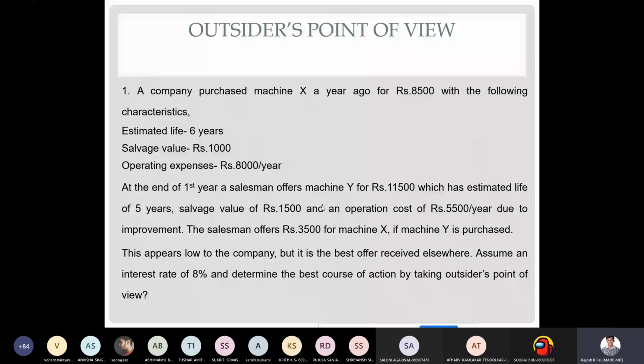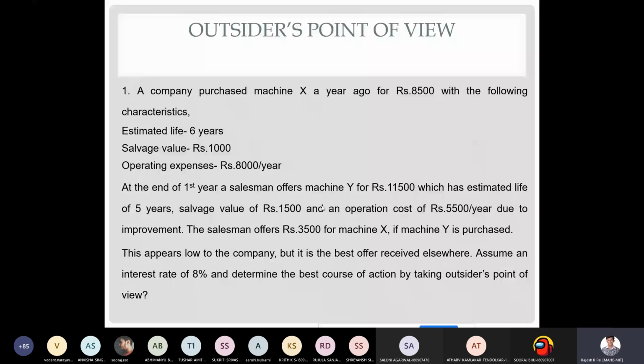But the salesman is also offering one more proposal: if the company buys a new machine, then the salesman will purchase the existing machine for 3,500. So salesman will purchase the existing machine for 3,500 if the company goes for the replacement and buys a new machine from that supplier.